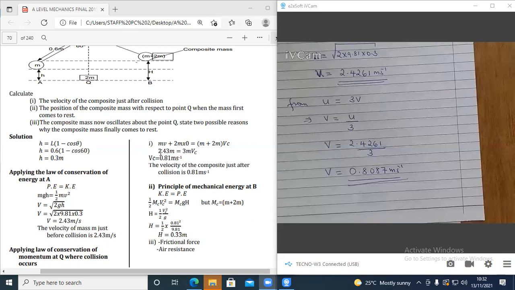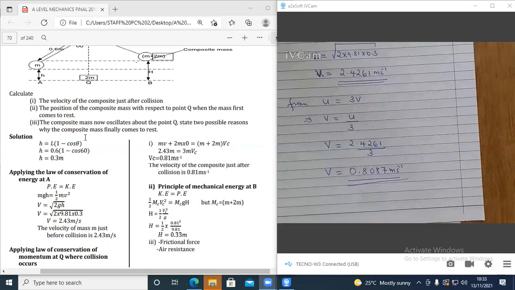Yes. Then they want us to find the position of the composite mass with respect to point Q when the first mass comes to rest.